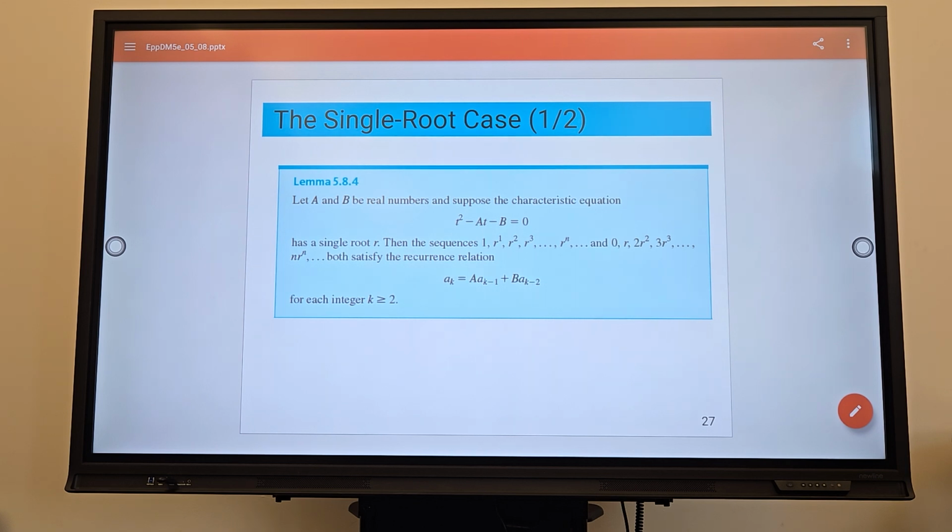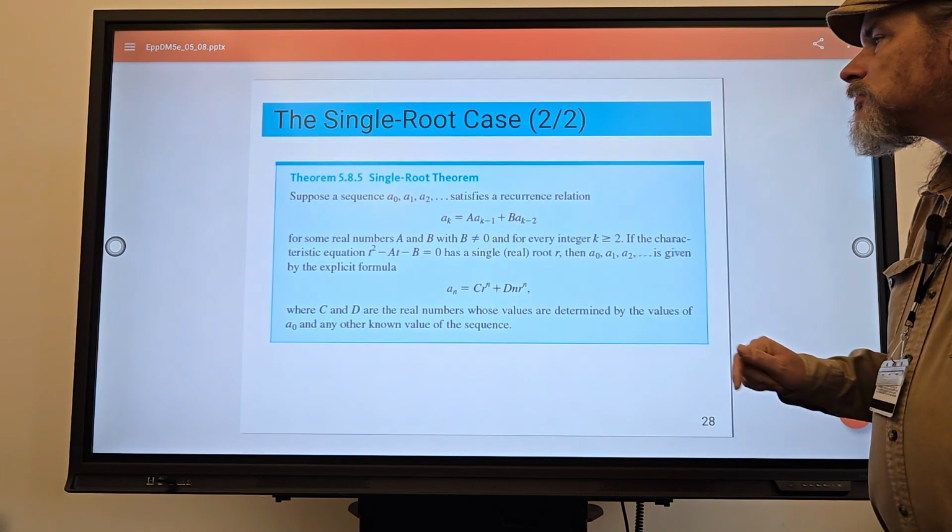Then the sequences 1, r to the first, r to the second, r to the third, etc., and 0, r, 2r squared, 3r cubed, etc., both satisfy the recurrence relation a sub k equals a times a sub k minus 1 plus b times a sub k minus 2 for each integer k greater than or equal to 2.